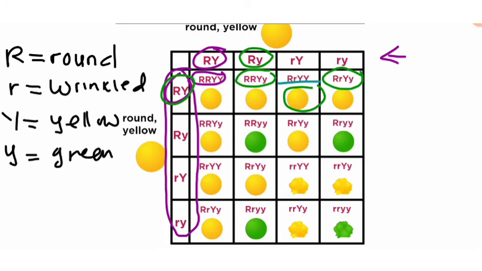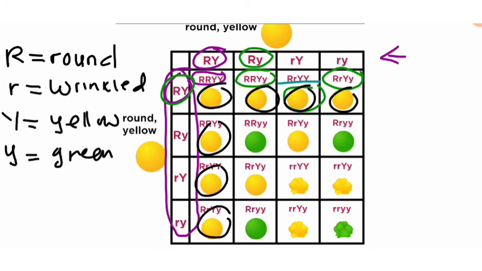When you count the round yellow that we have, you find that we've got 1, 2, 3, 4, 5, 6, 7, 8, and 9. So we've got 9 round yellow. When you count our round green, we've got 1, 2, 3.